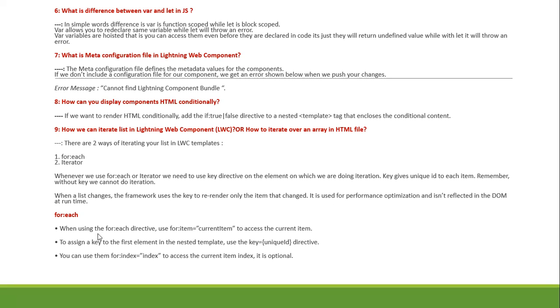When using the for:each directive, use for:item="item" to access the current item. To assign a key to the first element in the nested template, use the key directive with a unique value. You can use the index to access the current item, and index is optional.